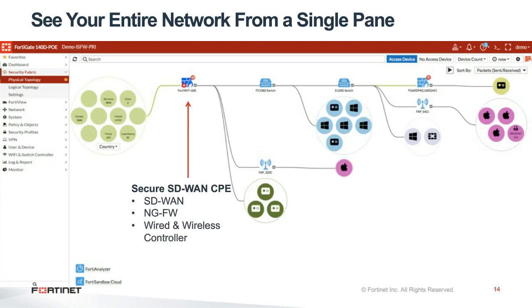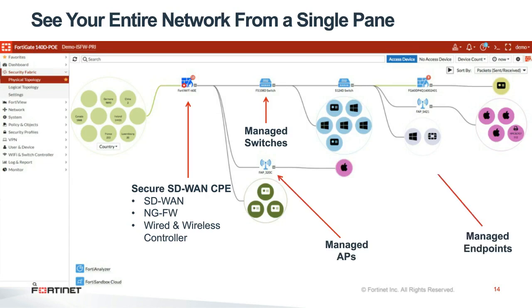Then next, the FortiSwitches that are managed by this FortiGate, the FortiAPs. And there's even the possibility for you to extend this visibility down to the endpoints with FortiClient. So the Security Fabric view gives you visibility all the way down to your wireless clients. Actually, not just your wireless clients, all connected clients.